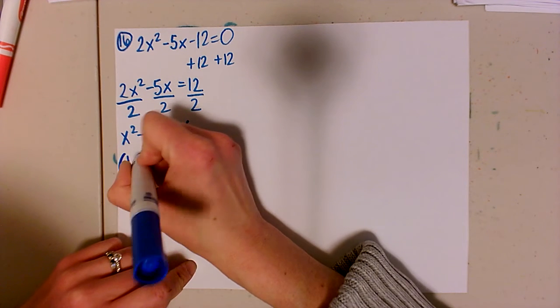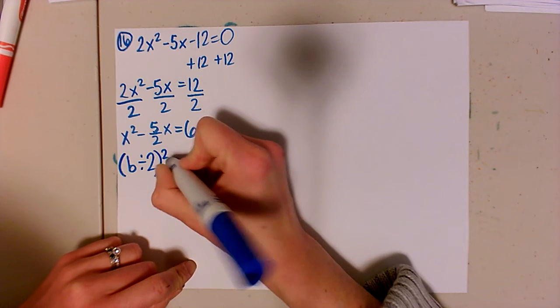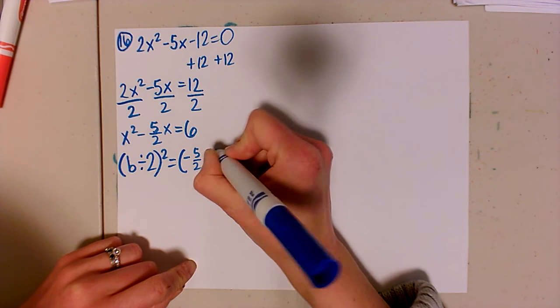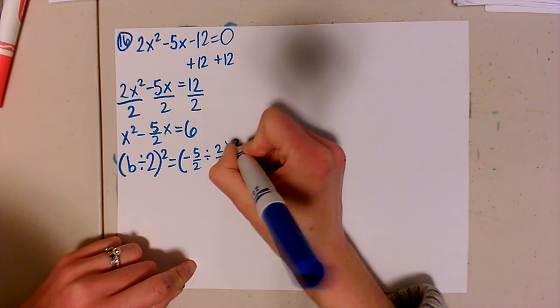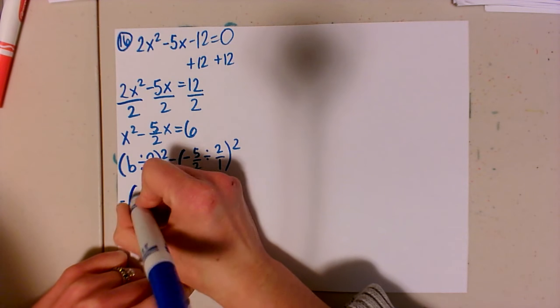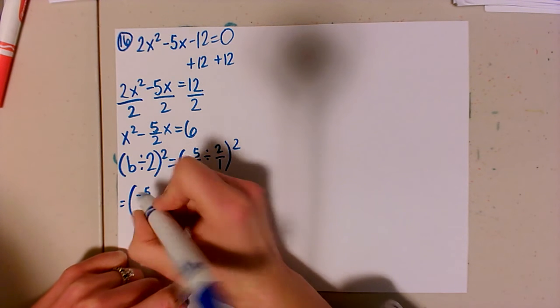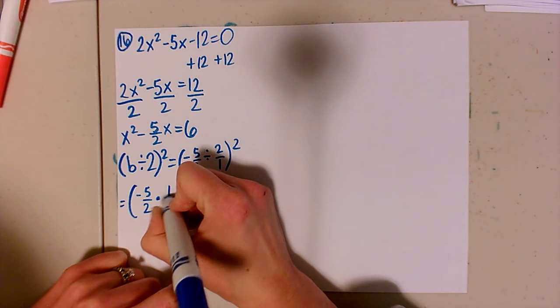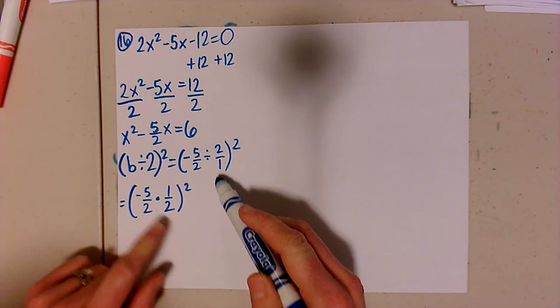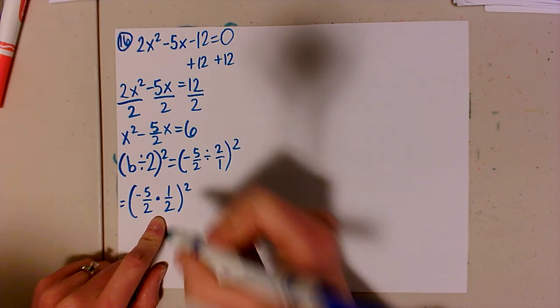And now I'm going to figure out b divided by 2 squared, which is going to be negative 5/2 divided by 2/1 squared, which is going to turn into negative 5/2 times 1/2, the whole thing squared, right? Because I'm dividing by a fraction, I just change that to multiplying by the reciprocal.